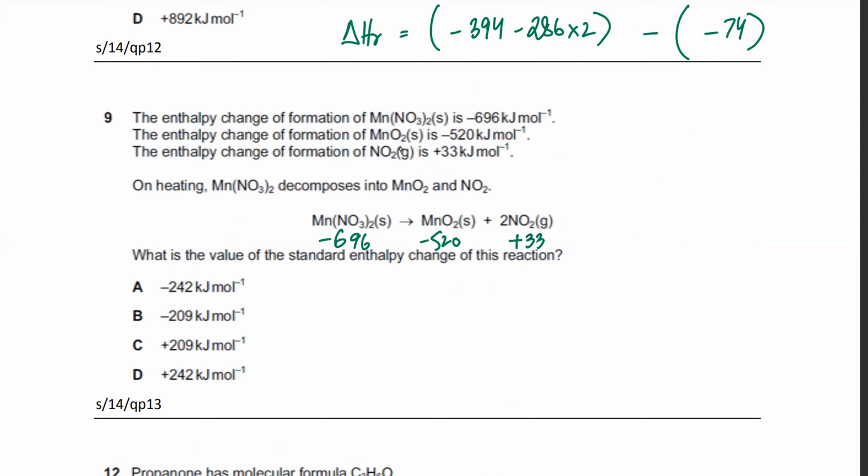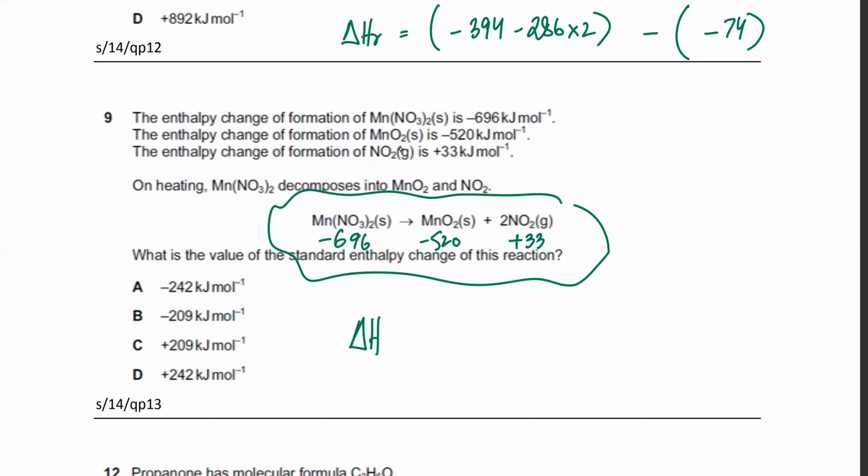So all of this is provided. All you have to do is the enthalpy change of this entire reaction is going to be the products minus the reactants. So it's going to be minus 520 plus 33 times 2. That's your products, minus the enthalpy of formation of the reactant, which in this case is minus 696.